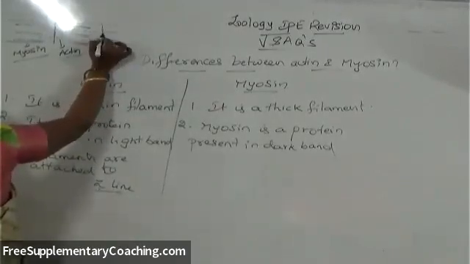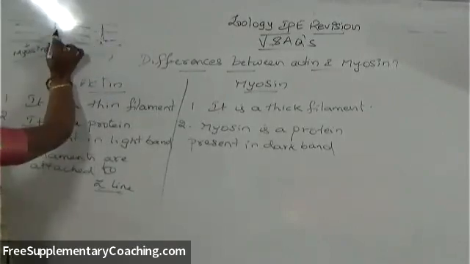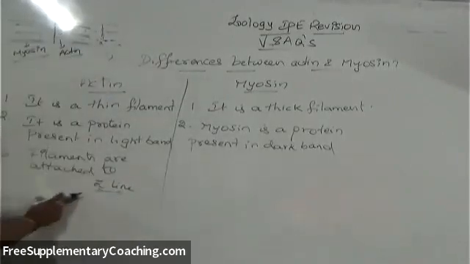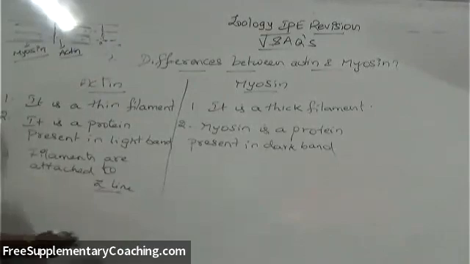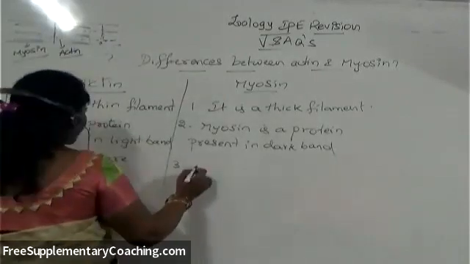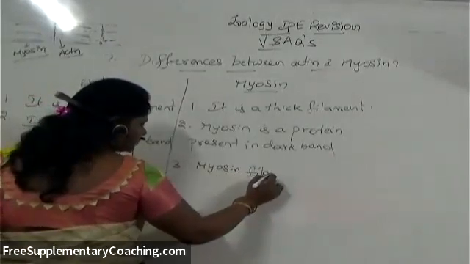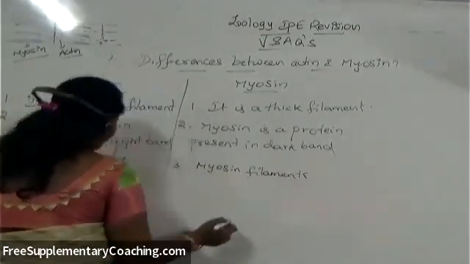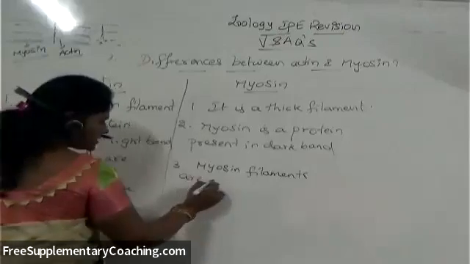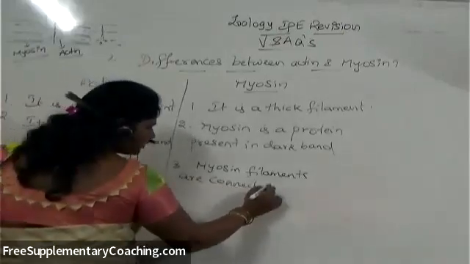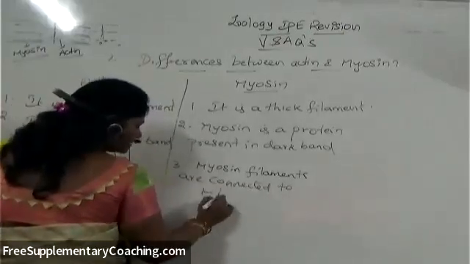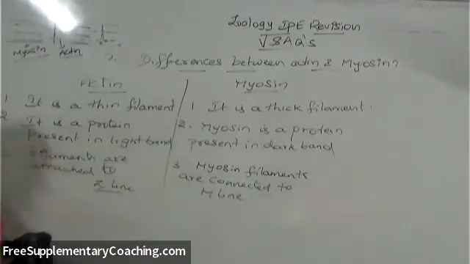So actin filaments are connected to the Z line, whereas myosin filaments are connected to the M line, the membranous line.